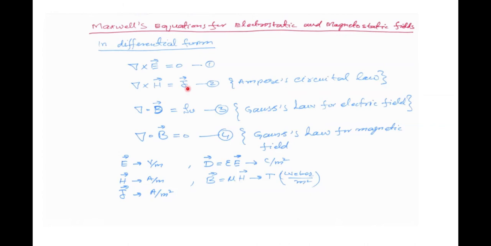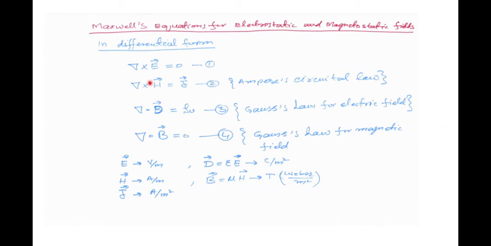So this type of current density does exist in the case of free charges, which is J equal to sigma E. There is another current density, also known as convection current density, which is due to the speed or velocity of the charge. So this is the representation of Ampere circuital law in differential form.